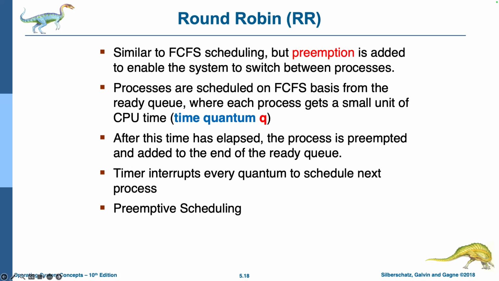Let's add a quantum. A quantum is the minimum unit. After the time quantum has expired, the process is preempted and added to the end of the ready queue. So after this quantum, if the process is not finished, this process is split into two parts and the other part is added to the queue.